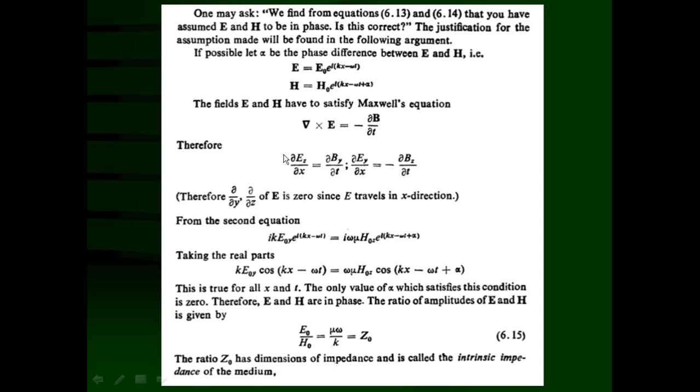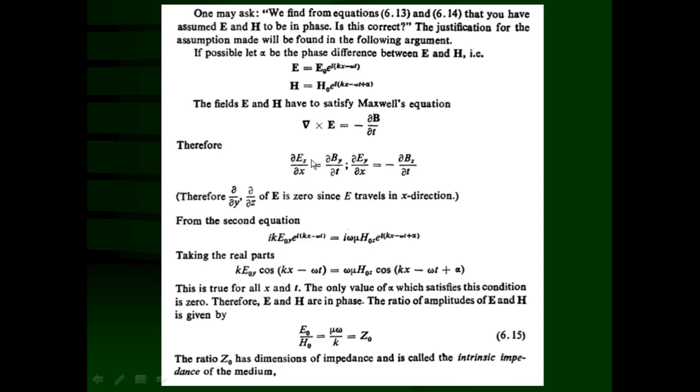Now we will simplify this one. By evaluating this determinant, we get minus j into del Ez upon del x, that is equal to minus j del By upon del t.